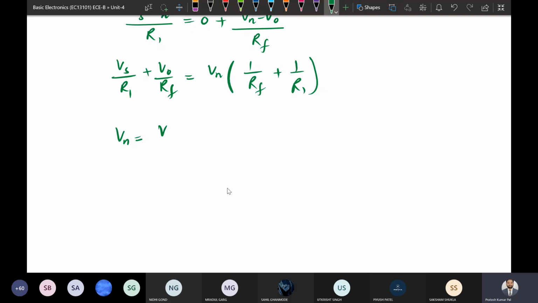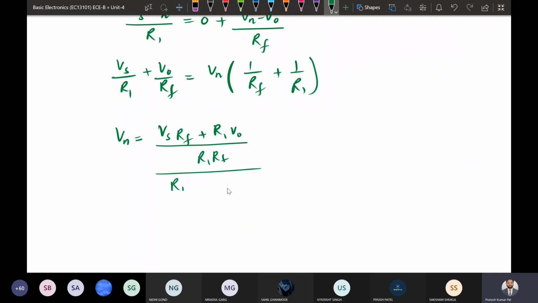So from there, Vs into Rf plus R1 V0 divided by R1 plus Rf, and we will be multiplying this, getting the LCM and then finding out.